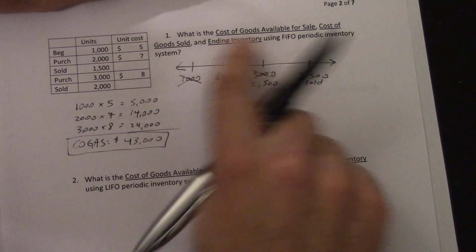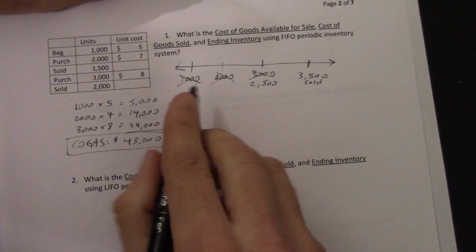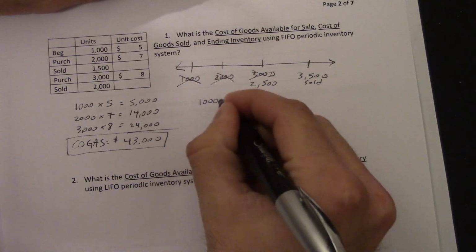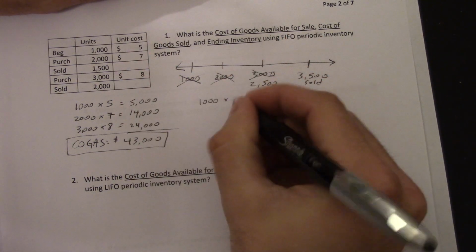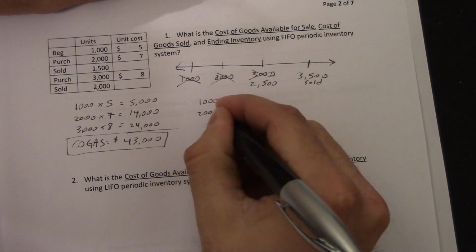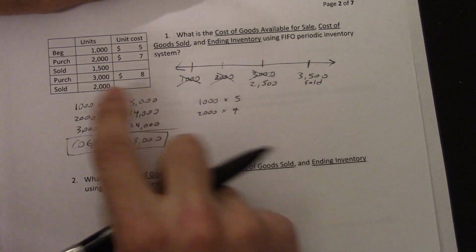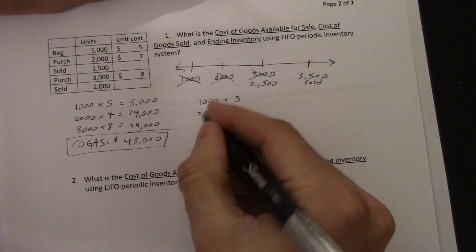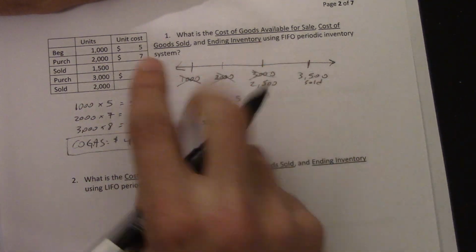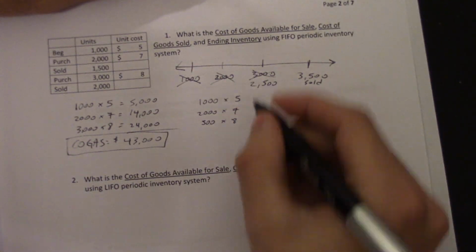To figure out our cost of goods sold, we look at the units that we sold. Well, we sold this 1,000 units, and they had a cost of $5 each. We sold all these 2,000 units. They had a $7 each cost. And we sold 500 from the 3,000 units that each cost $8.